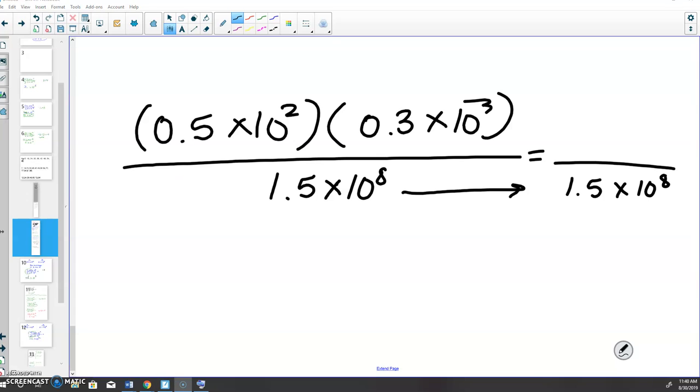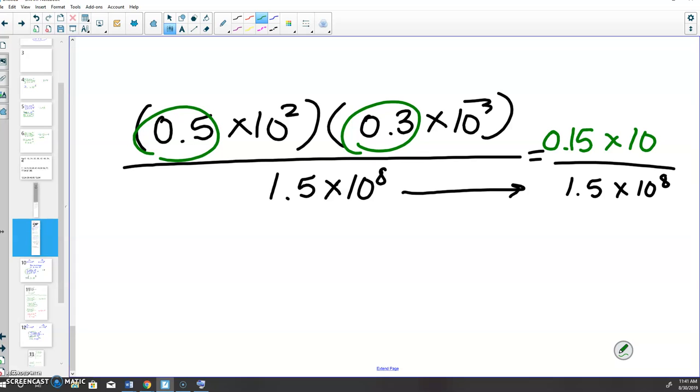Okay, so when you do the top problem, 0.5 times 0.3, what do you get? 0.15. Times 10 to the, you have 2 plus 3, which is 5. Now can you solve the bottom one? 0.15 divided by 1.5? 0.1.